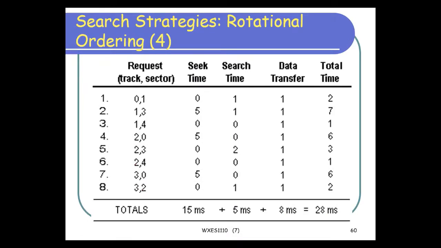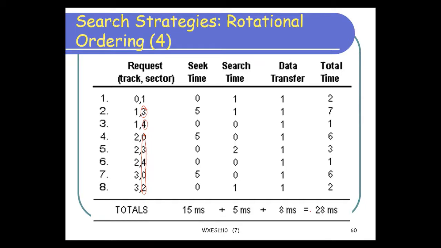It can be reduced if requests are ordered within each track, so that the first sector requested on the second track is the next higher number. So instead of serving 4 first, it will serve sector number 3, then sector number 4. So it is in order. The track is in order, and the sectors are also in order, from the lower sector to the higher sector.